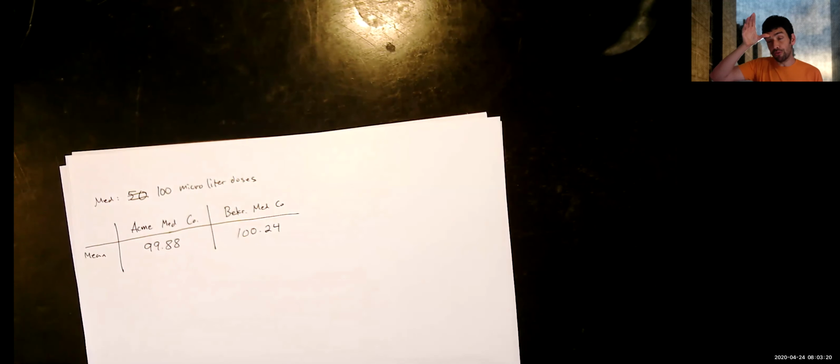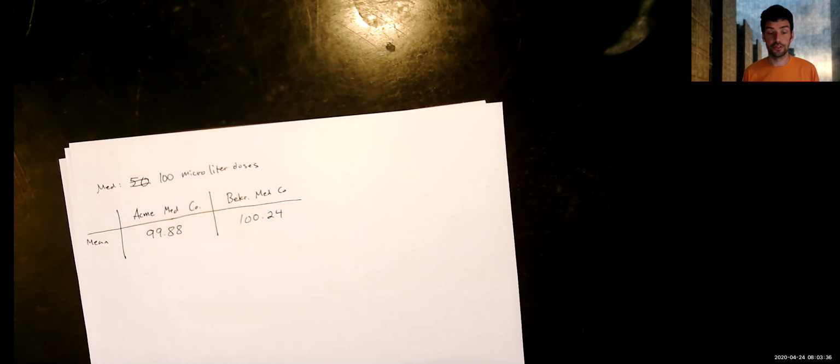So both of them are within a single microliter. Maybe our tolerance is 1 or 2 microliters, where if somebody gets a dosage a little bit less or a little bit more, that's fine, but we don't want to go too far away before having disastrous results. Well, that number, the mean, doesn't really tell us everything we need to know.